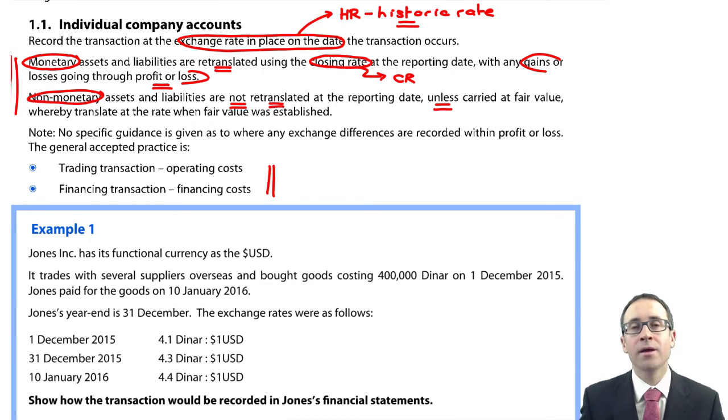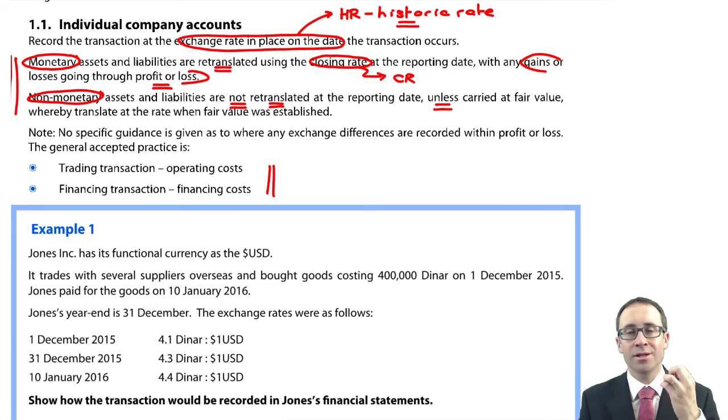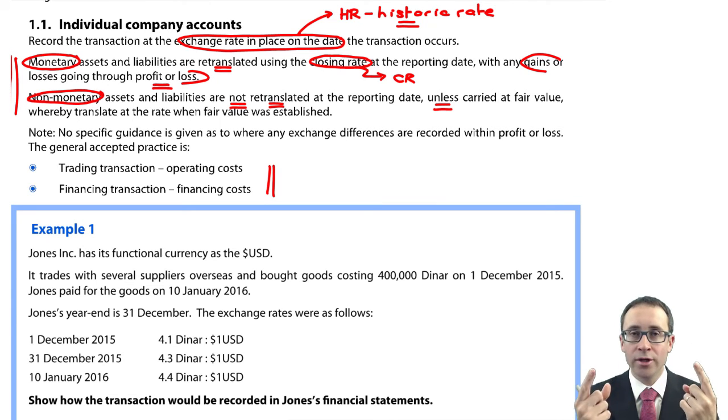Let's summarize, shall we? So remember, what we do there is that if you enter into a transaction whereby the currency of the transaction is different to the functional currency, what you go through and do there is you translate at the rate that's in place on the date the transaction takes place. Then what you need to do is at the end of the year, you need to identify your monetary and non-monetary items.